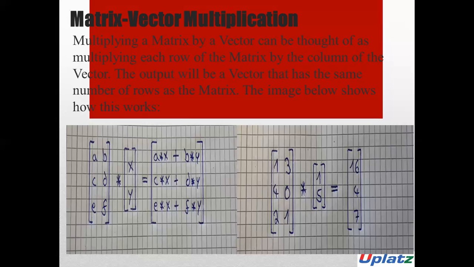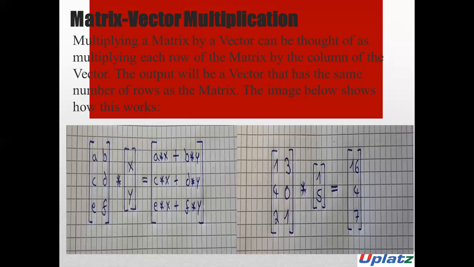That is A multiplied by X plus B multiplied by Y. The first row is done, then C multiplied by X plus D multiplied by Y, then E multiplied by X plus F multiplied by Y. In the example, we have 1 3, 4 0, 2 1, which is a 3 by 2 matrix, multiplied by the vector 1 5.